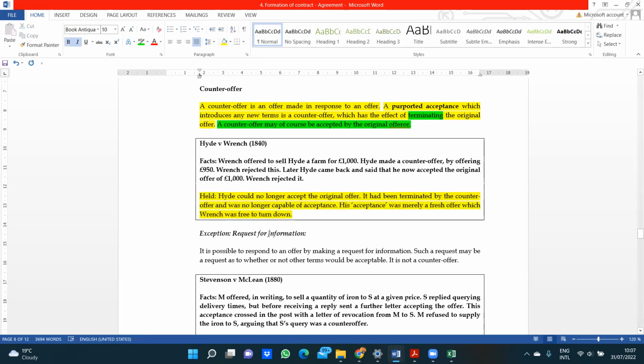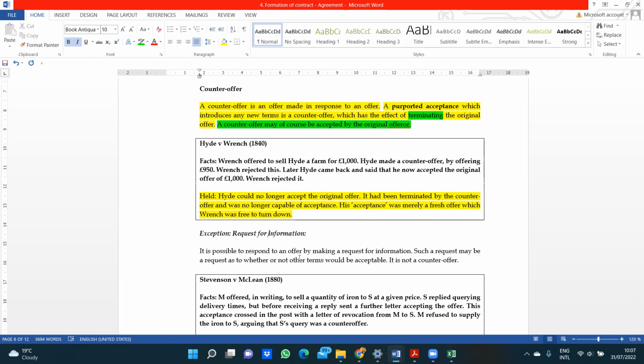Here, Hyde did not simply reject the original offer, he made a counter offer. But when he made the counter offer, this means that the original offer had already been rejected and was already over.